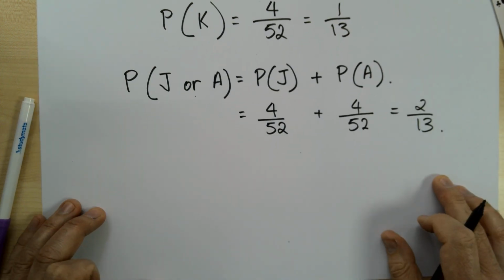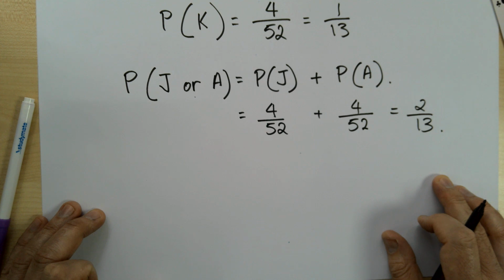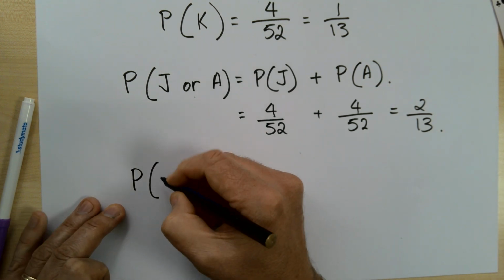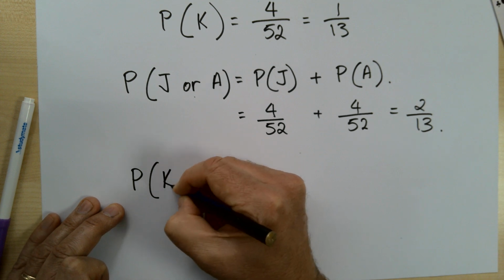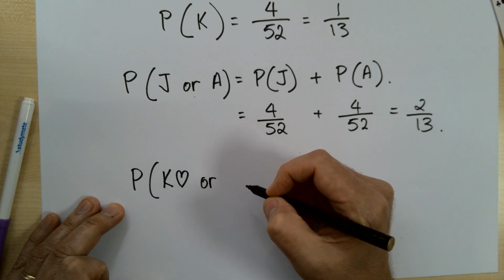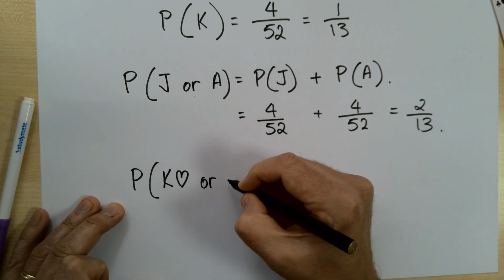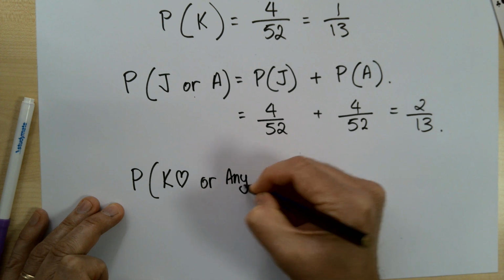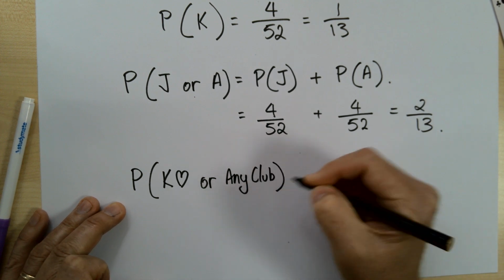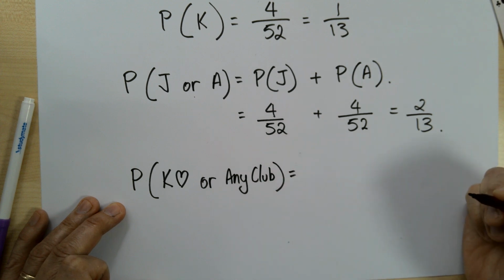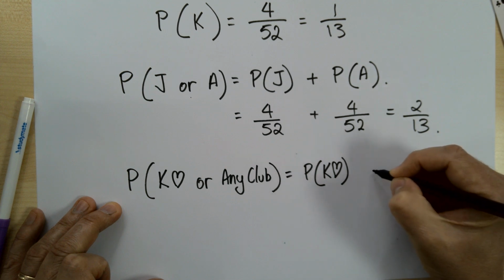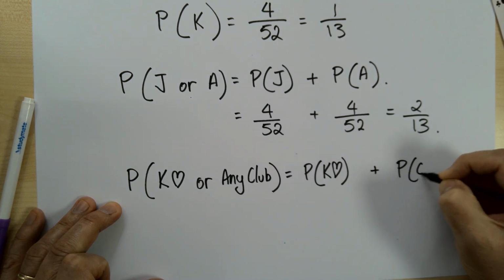Okay. What if I want the probability of the king of hearts or any club? All right, so that's the probability of the king of hearts plus the probability of a club.